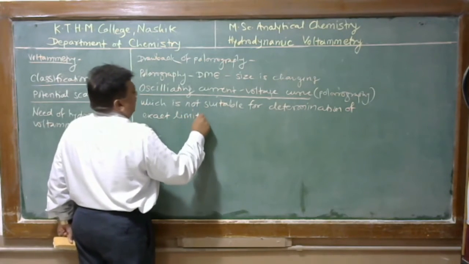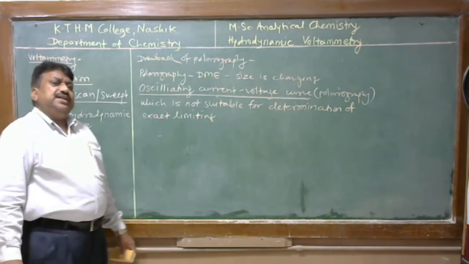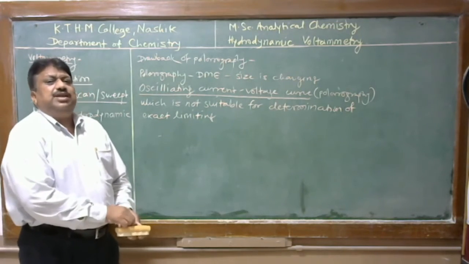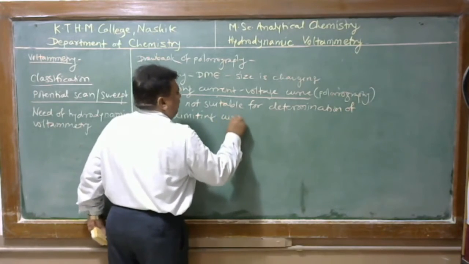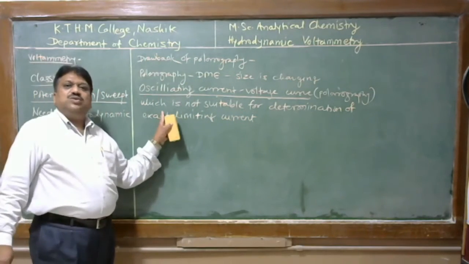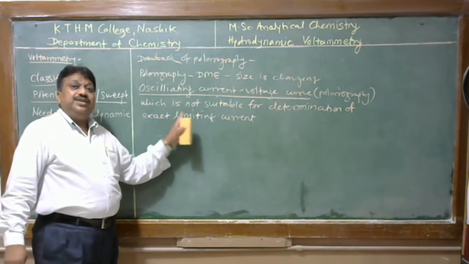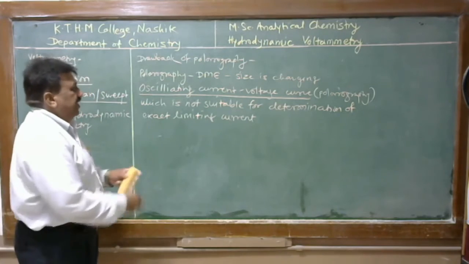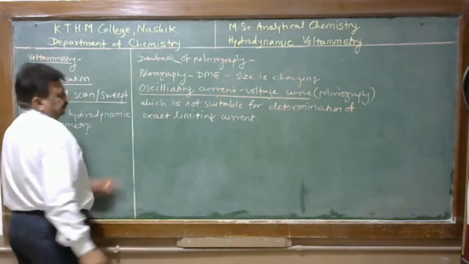Actually, in polarographic analysis, we are measuring diffusion current, but diffusion current is measured after measurement of the limiting current, and therefore the limiting current cannot be measured accurately when we have an oscillating current voltage curve. This is one of the most important drawbacks.